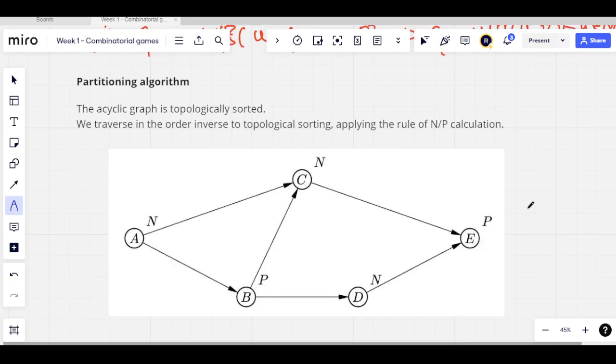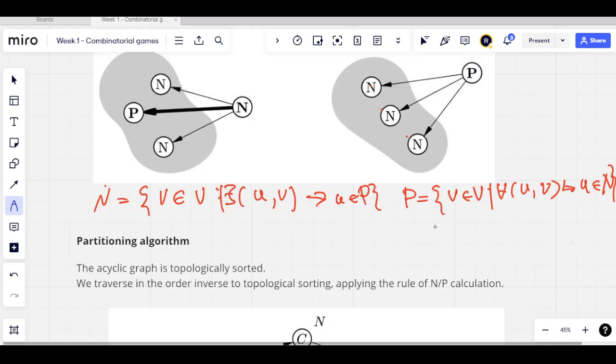Okay, I have already told you the algorithm for how to do it. We just do a topological sort of the graph and start traversing it from the beginning of the reverse topological order. It means we apply the rule.